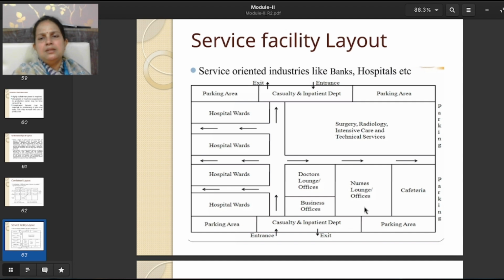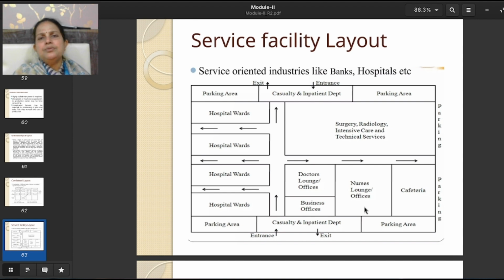In a hospital, if you see, the layout is built in such a way that the movement of the doctors, the patients, the availability of beds, everything is planned in such a manner that all the processes flow in a comfortable way.